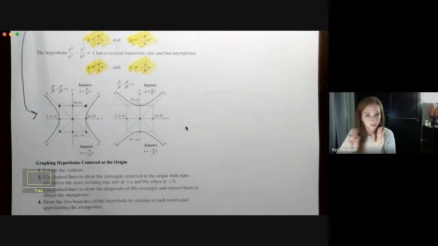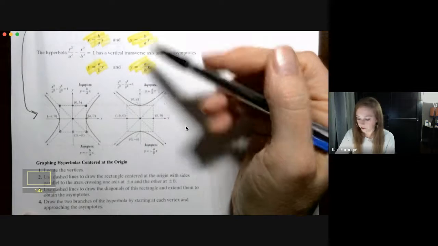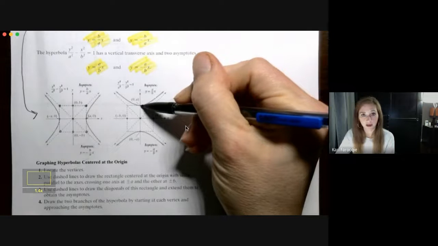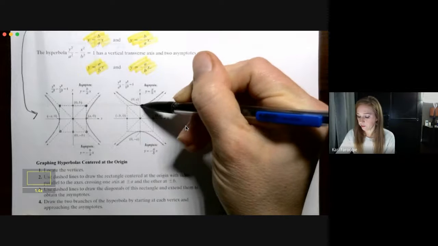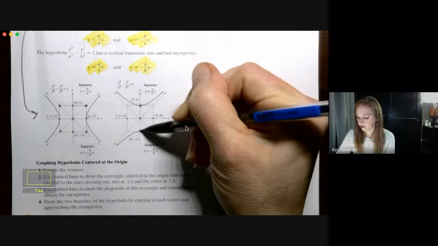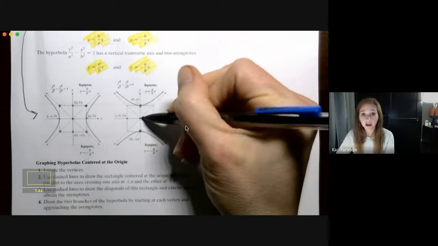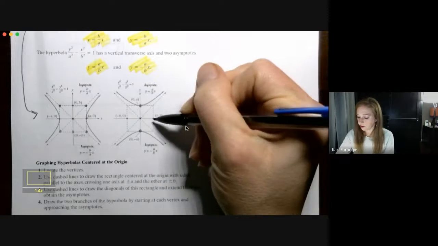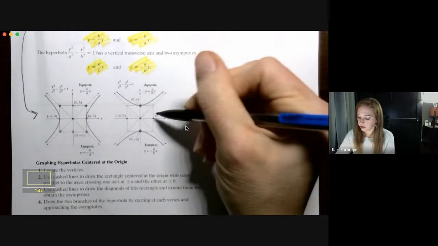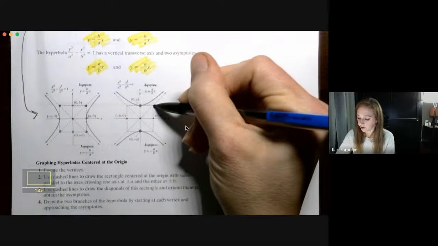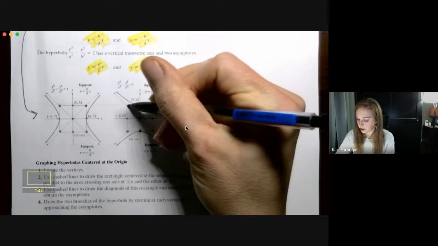So again, if you know that you have a vertical transverse axis, you're going to go up a units and down a units from the center. You're going to mark those. Put some points there. You know those are going to be your vertex points anyway. They're going to have to be there. Then on your other axis, you're going to go out B in both directions. You're going to make a box that has these corners that are dictated by A and B.